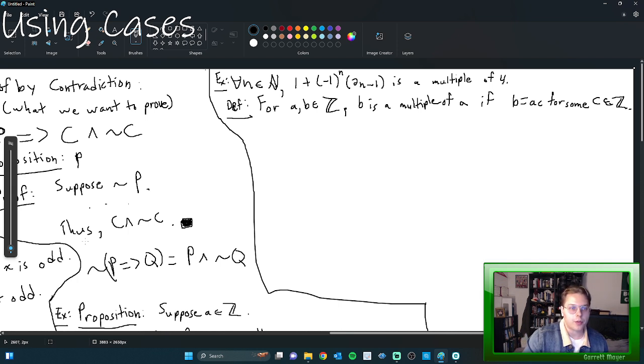So, for our proof of this statement above, we are going to split the proof into two cases. So, you're going to suppose that n is a natural. So, n is either even or odd.